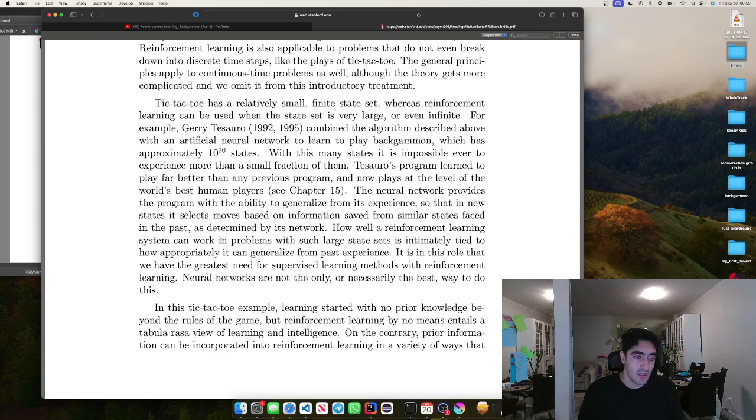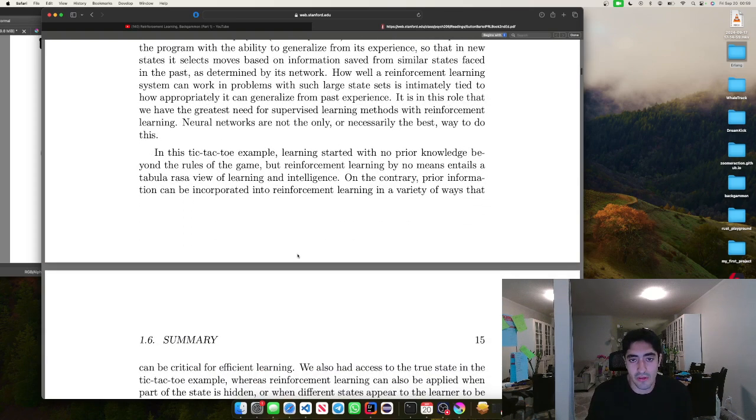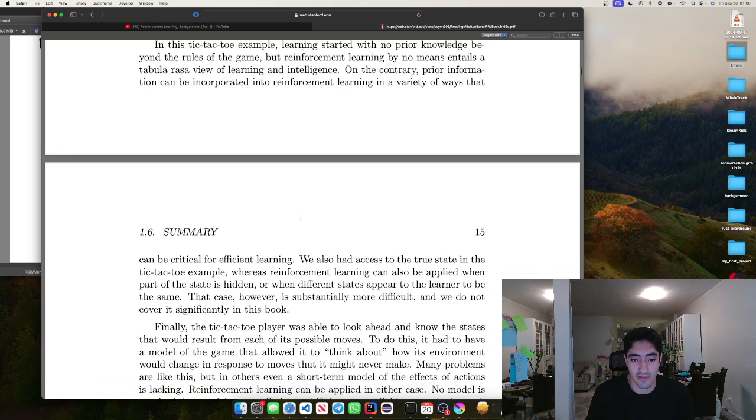Okay. In this tic-tac-toe example, learning started with no prior knowledge beyond the rules of the game, but reinforcement learning by no means entails a tabula rasa view of learning and intelligence. On the contrary, prior information can be incorporated into reinforcement learning in a variety of ways that can be critical for effective learning.